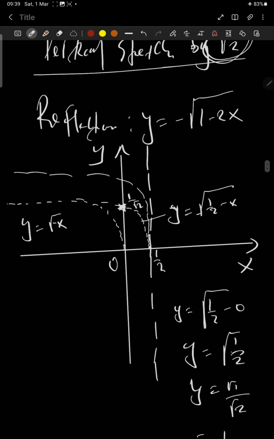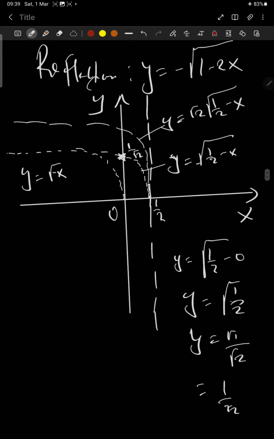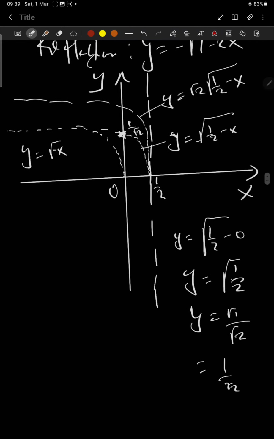So I'm multiplying. This one is y equal to square root of 2 times the square root of half minus x. Notice everything is happening in the positives, right? I'll show you how the negative will play a part. Since it's a stretch by square root of 2, I'll multiply the function by square root of 2.